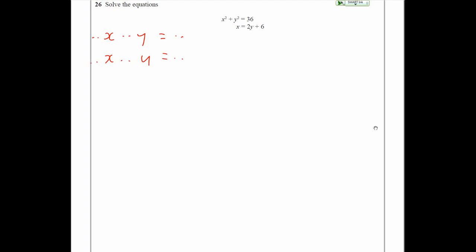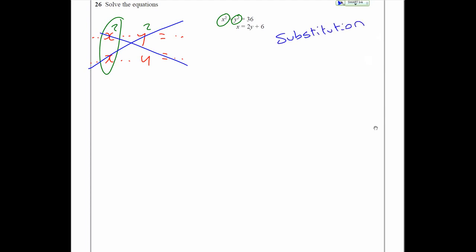Why? Because look, you've got x squared and y squared, and you cannot do x squared take away x. You cannot do y squared take away y. It's not going to cancel anything out. This doesn't work. So we need a method called substitution, which is actually something you're going to use much more if you do A-level maths.